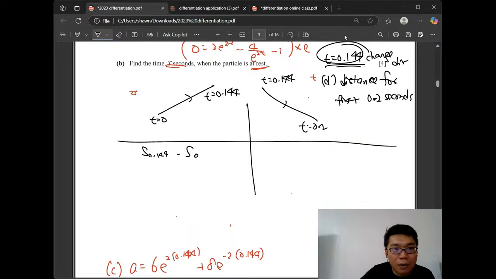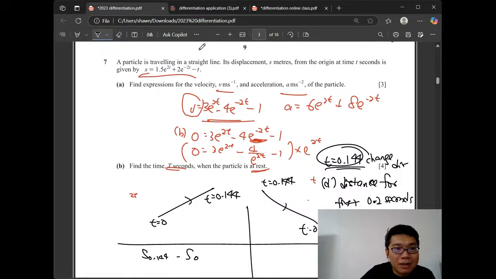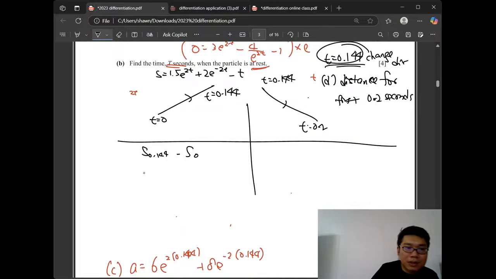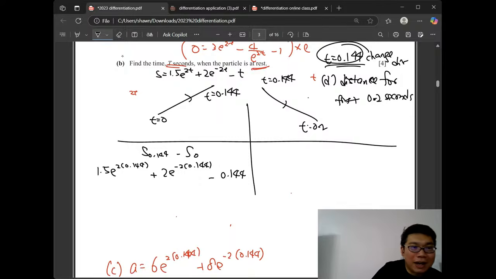So the distance for this path is just s(0.144) minus s(0). What is the equation for s? The equation of s is this. Wow, it's a bit long. But never mind, we just copy the formula down first. Okay, so we sub in. If this question appears, then confirm it is a paper 2 question, because you can't do this without a calculator.